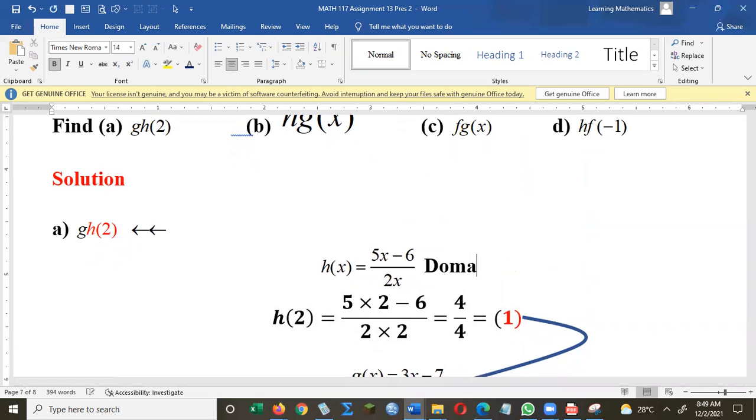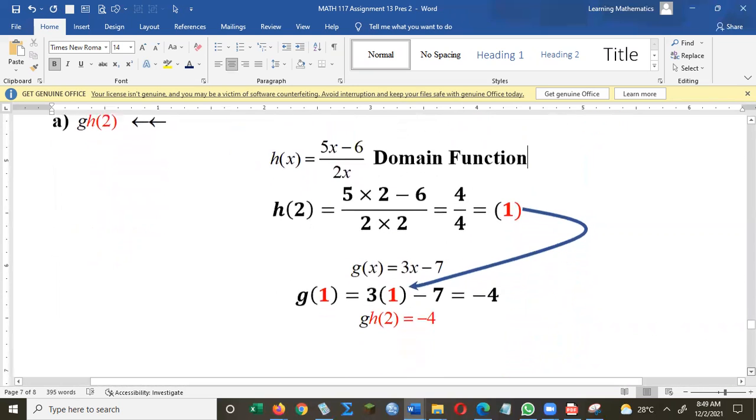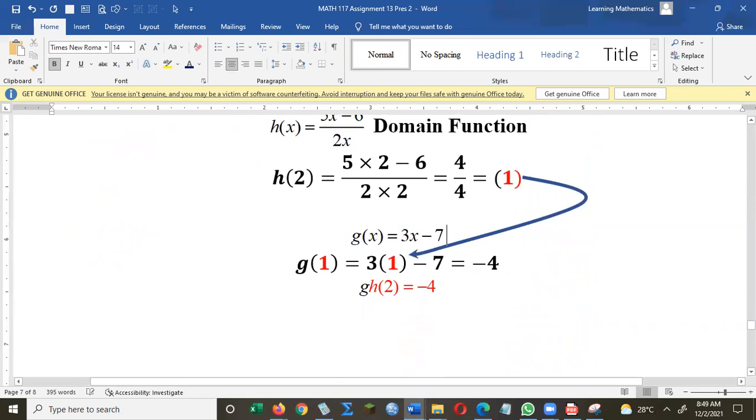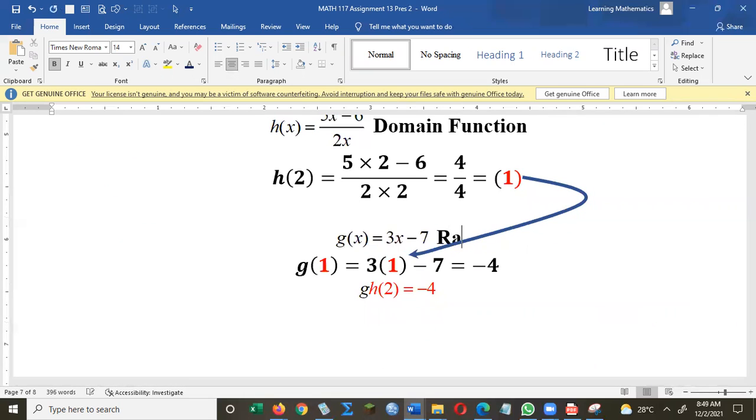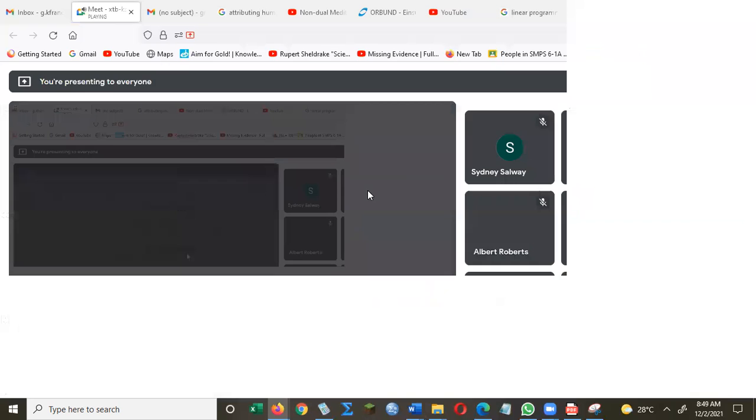Our range function is G. H is our domain and G is our range. So if you heard me say H is our range, that must be a mishap. G is our range function, and it's always on the left.